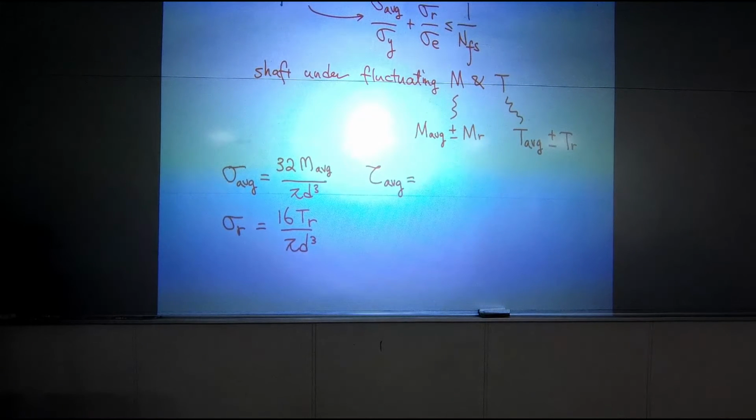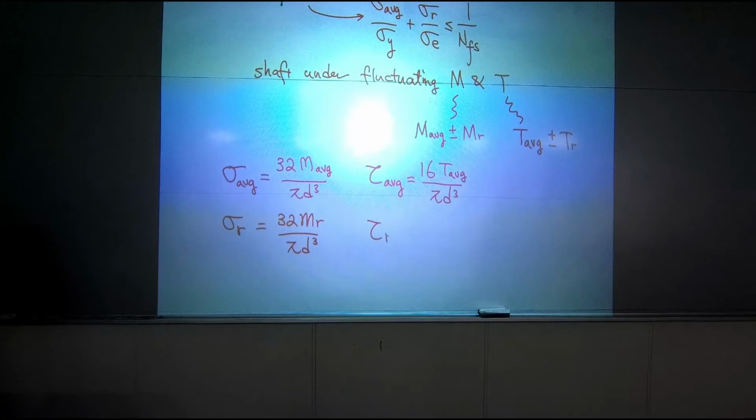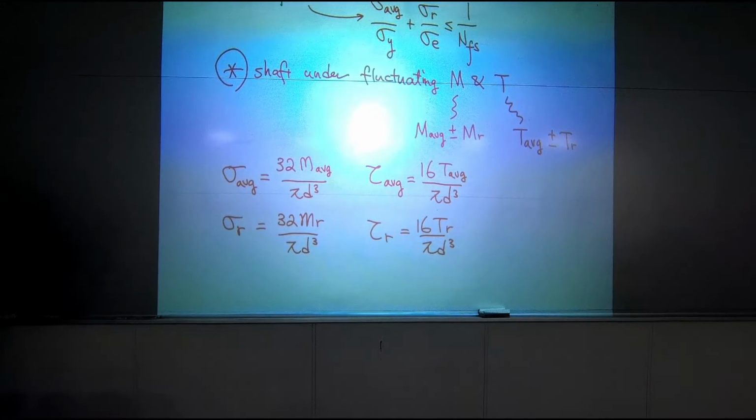Oh, so this part was wrong. My brain is not functioning. Sorry. This should be 32 M range over pi d cubed. Then tau average is 16 T average over pi d cubed, and tau range is 16 T range over pi d cubed, right? Because of these fluctuating load conditions, I can get those four.